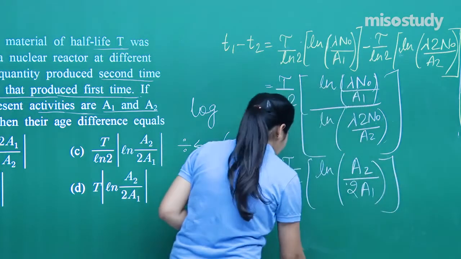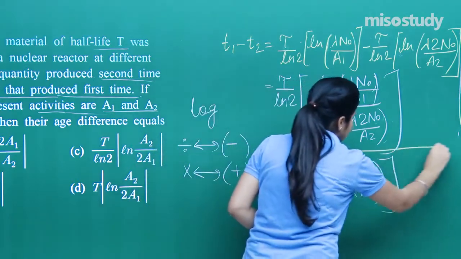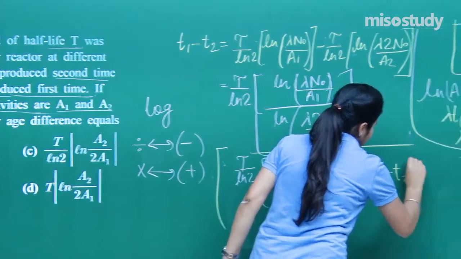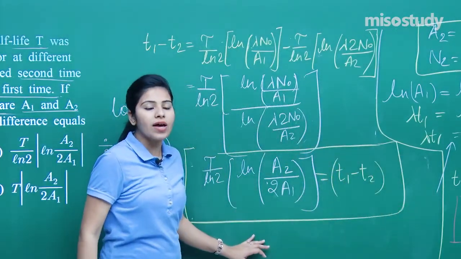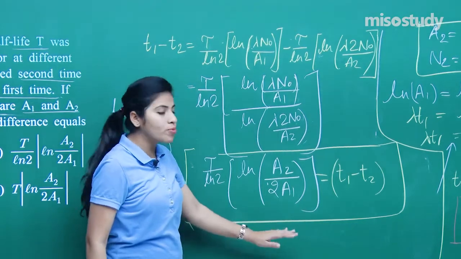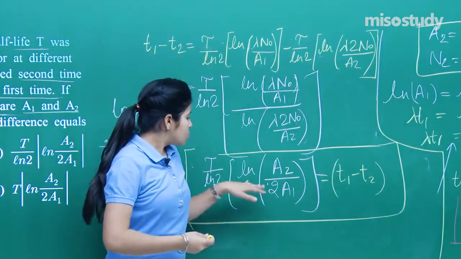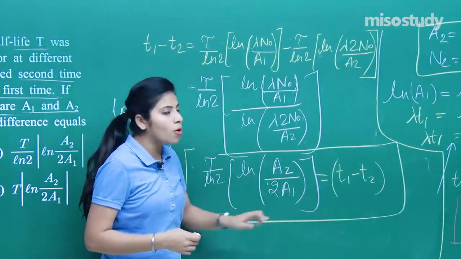After solving, you will have your T1 minus T2 as this. Let me verify whether this answer is available in the options or not. So let me revise it. T by log 2 log of A2 upon 2A1.